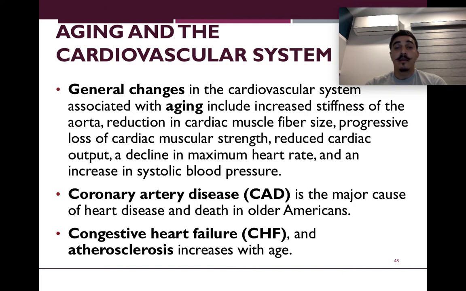Aging: increased stiffness of the aorta, reduction in muscle fiber size, loss of cardiac muscle strength, reduced cardiac output, decline in the heart rate, increase in the systolic pressure. Coronary artery disease is one of the biggest causes of heart disease and death of Americans.